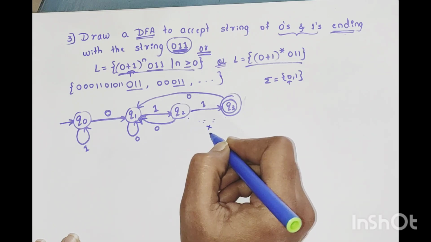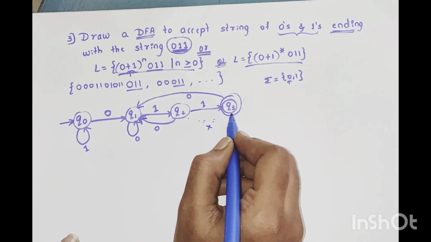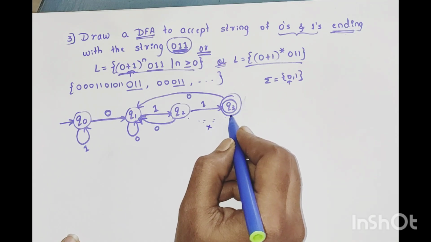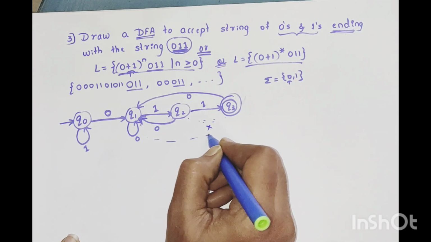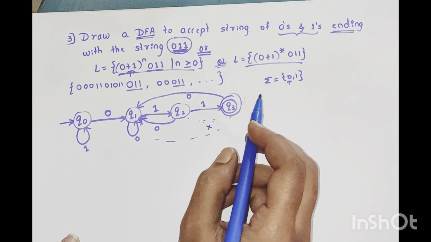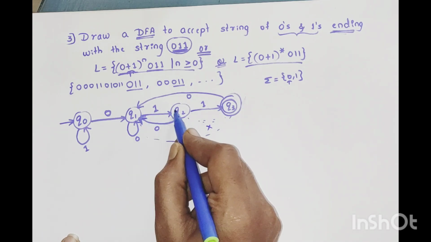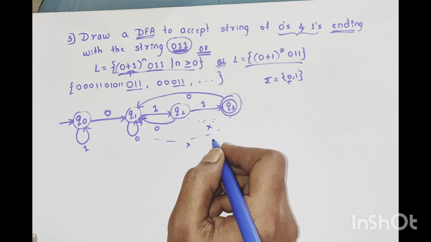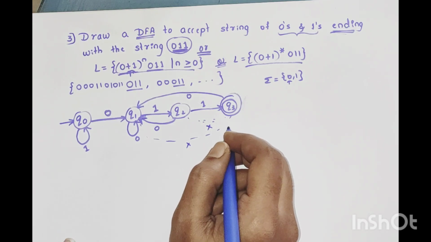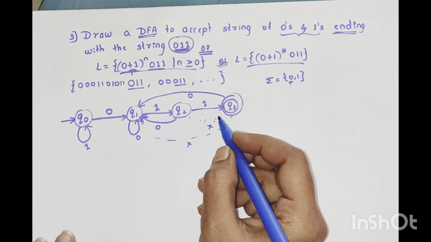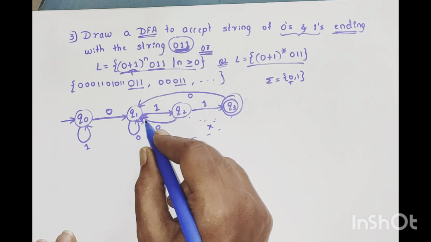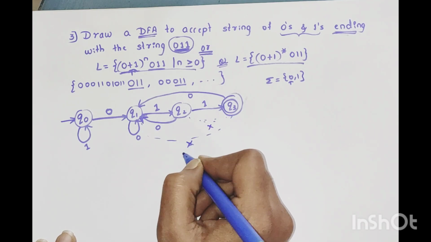Then if I go with the 1 transition from this Q3 to this Q1 also, then again the machine may wind up with 1 1 1. So we should not make the machine work wrongly. We should restrict the machine to work in the required manner itself. So therefore I will not take the 1 transition from this Q3 to Q1 as well.